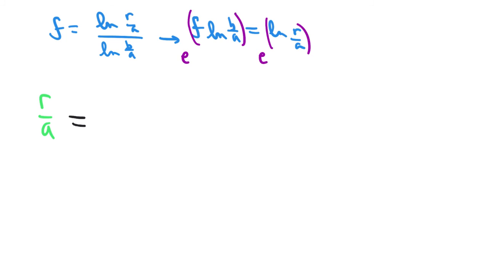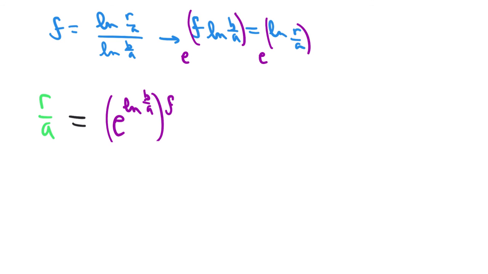And then here I'm going to rewrite things a little bit. Instead of e to the f log b over a, I'm going to write that as e to the log b over a, to the f. Because we know that e to the g h is e to the g, to the h.